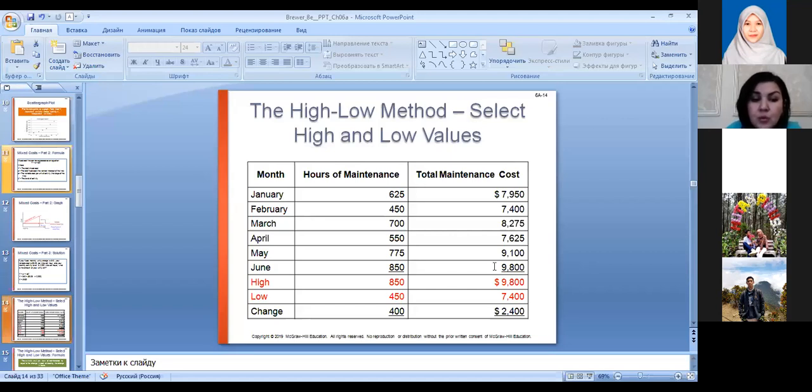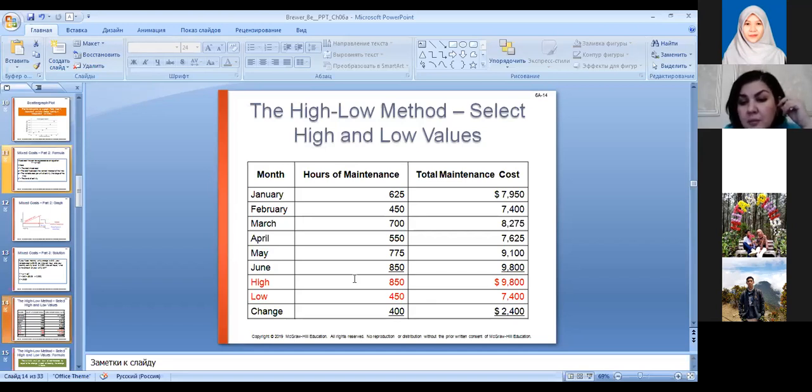So, how to use the high-low method? First of all, let's define which is the high activity level and which one is the low activity level. Don't look at the cost, look at the activity level, which is hours of maintenance. So which is the highest activity hours used?